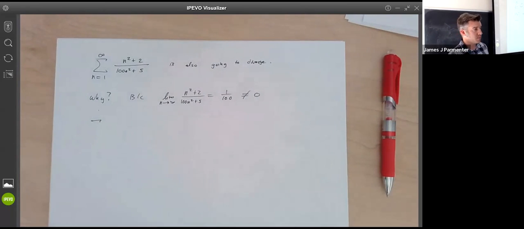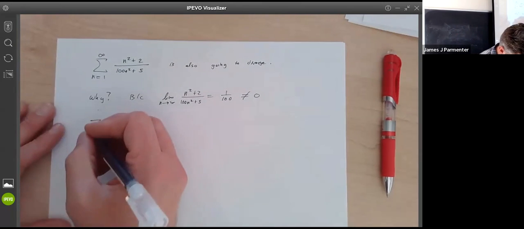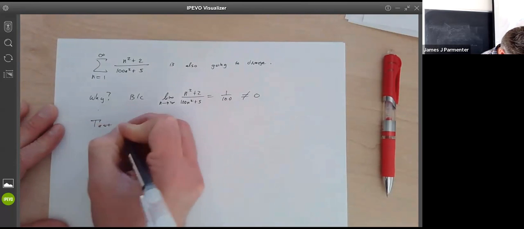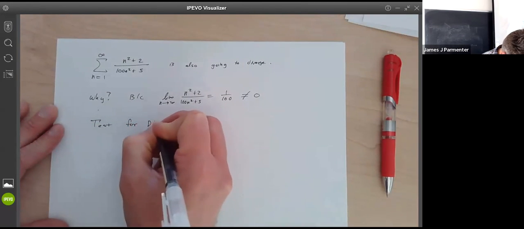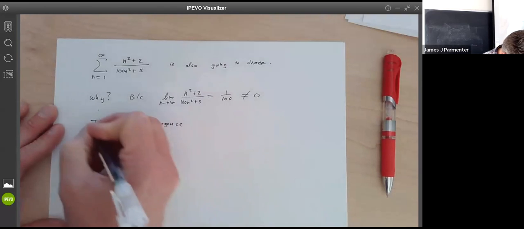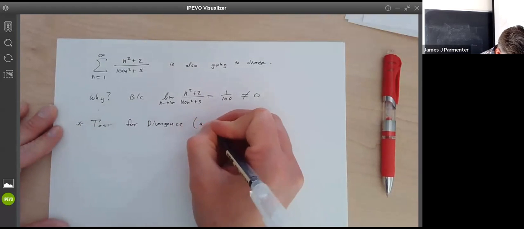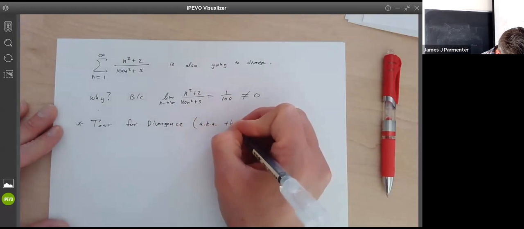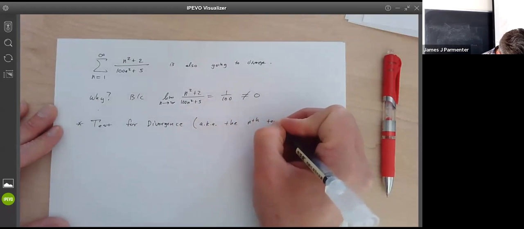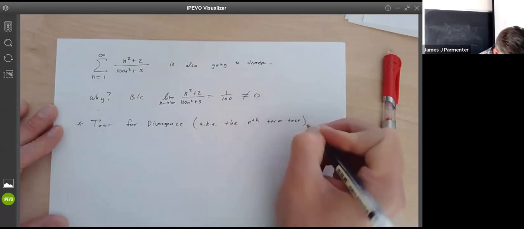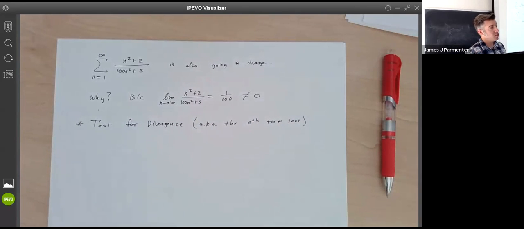These are actually both examples of what's called the nth term test, also known as the test for divergence. The test for divergence, also called the nth term test, says exactly that. If the terms of your sequence don't converge to 0, then the series has to diverge.